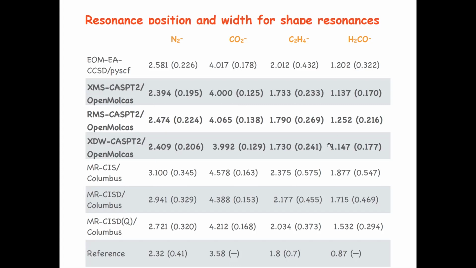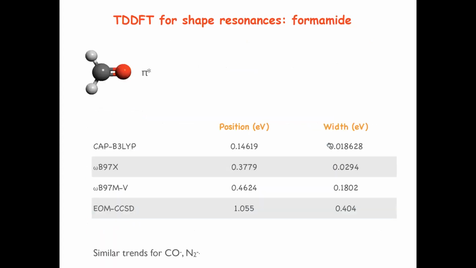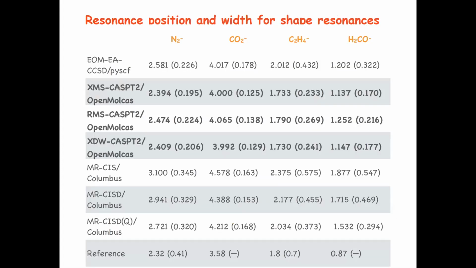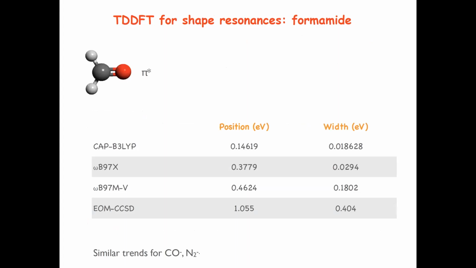Now, multi-state perturbation theory is great, but in some cases it's rather expensive, in particular if we eventually think, for example, about something like on-the-fly dynamics on the computed complex potential energy surfaces. So this becomes rather expensive. So cheaper alternatives would be highly desirable.